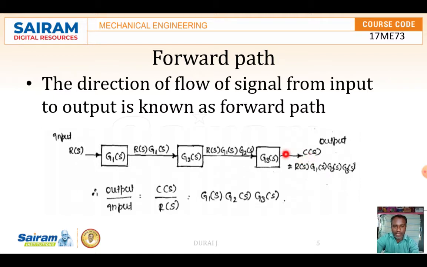So it will take time. Suppose it is a single block, from the input only we get the output. That is the advantage we get from the reduction of block diagrams.